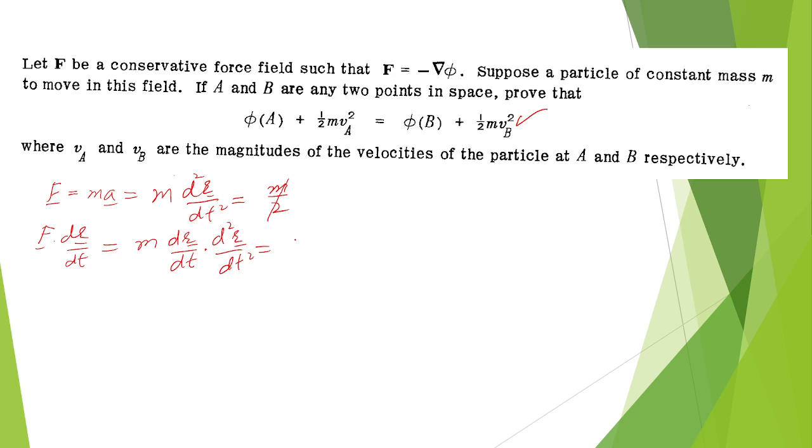So we can put it as m by 2 d by dt of (dr/dt) square. This is in fact velocity square. So you can see that if I differentiate this, the power 2 will come down and cancel the 2, we will get m, and this inner function, and the derivative of the inner function. So that is okay.